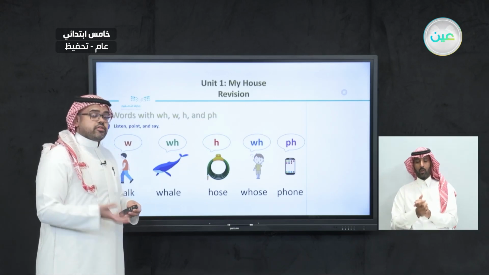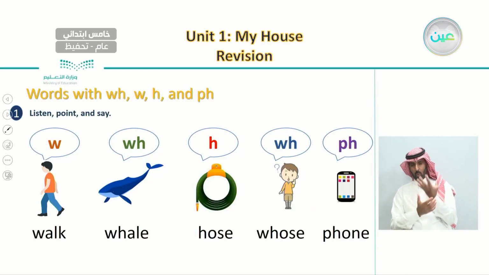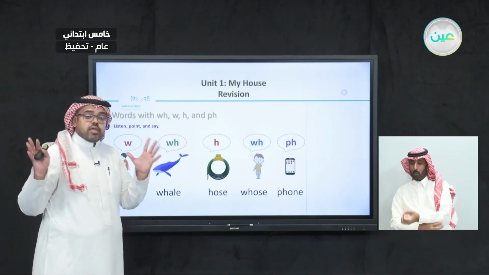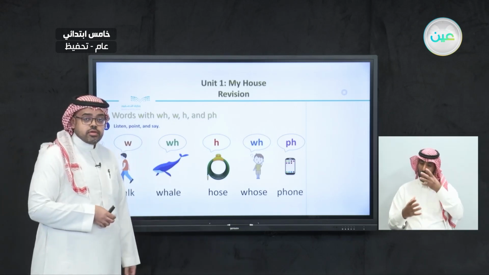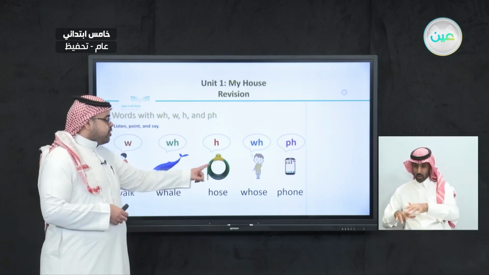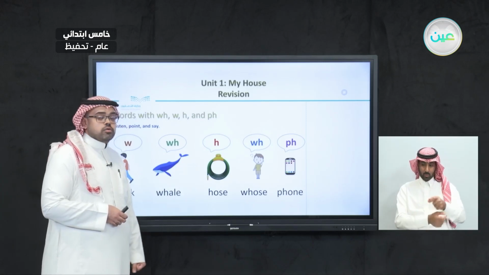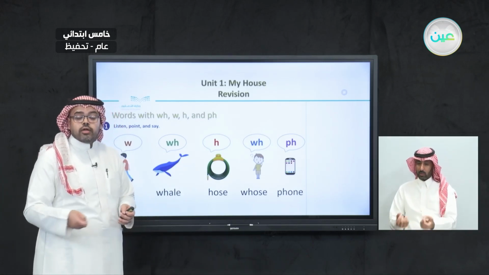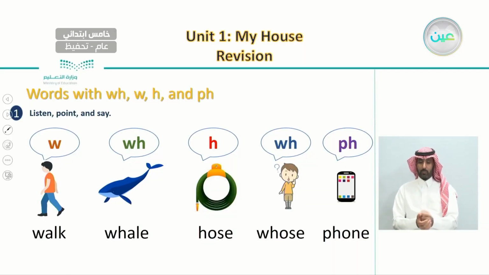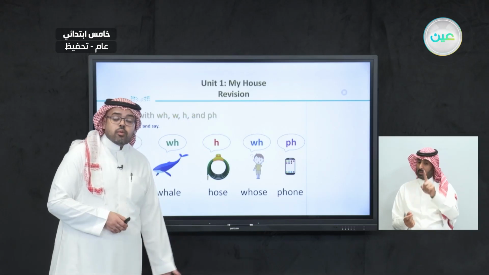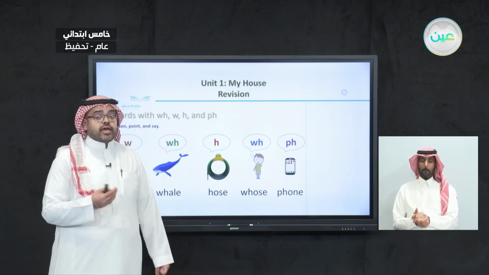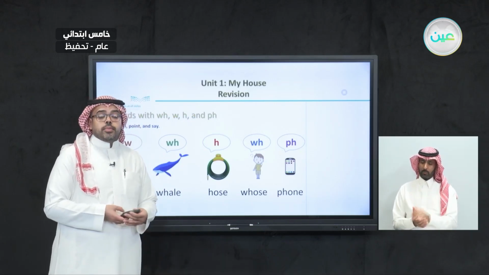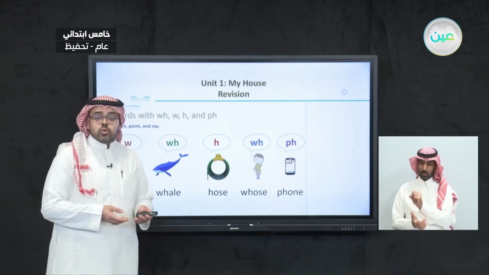And the second thing is whale, which is the biggest animal which lives in the sea. And also the third thing is hose, where we use a hose for gardening and also for washing. And also whose, which is a question word, where we ask different questions using whose.